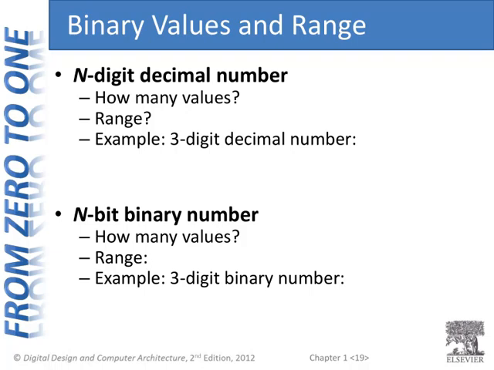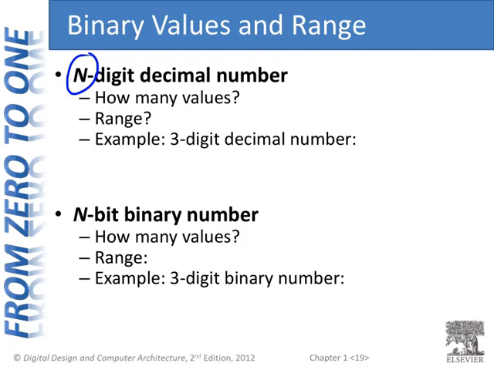So we can think about the values, so what values can I represent, and the range, or what's the smallest number I can represent and the largest number. So with an n-digit decimal number, whenever you come across a problem with a variable, so n-digit, that n could be 1, 2, 3, 5, 48.